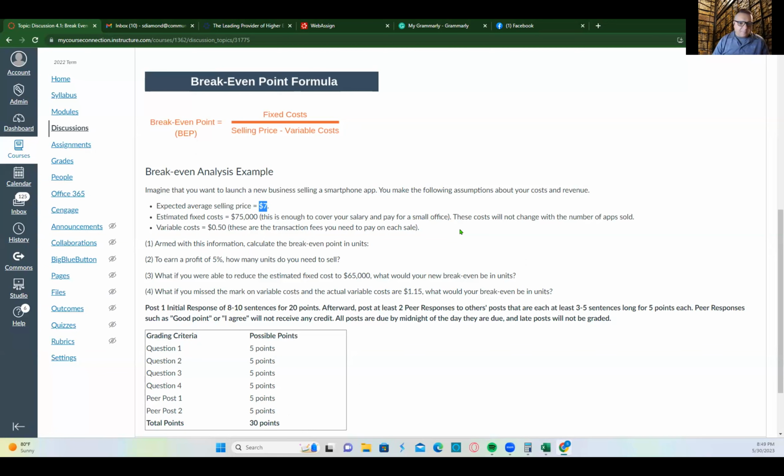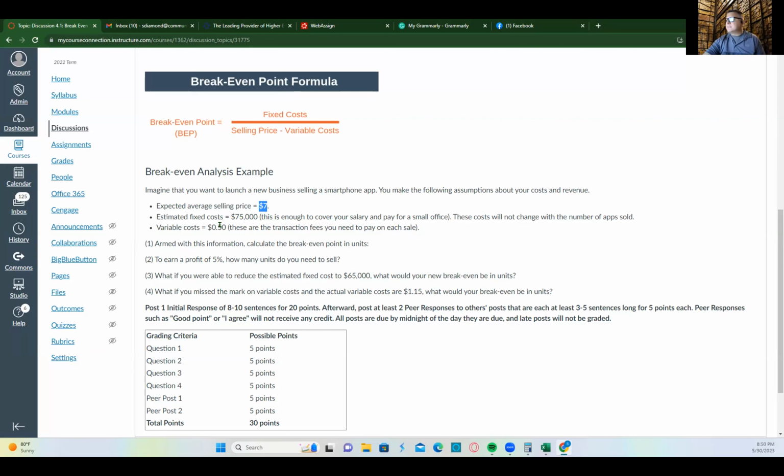Your variable costs are things that do change depending on how much business you do. So what else would be a fixed cost? Usually electricity is a fixed cost, because you're going to have all the lights on in the building whether you're making 500 or 1,000. Now, there may be some variability there depending on how many machines you're running, but we're not going to get too deep into the weeds. But your fixed cost would be 75,000.